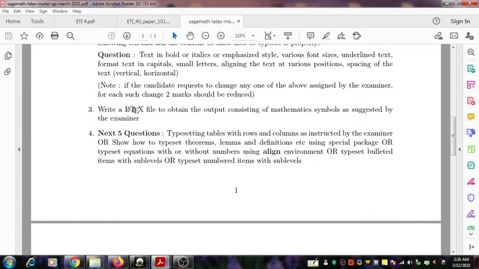The third type of question can be writing a LaTeX file to obtain an output consisting of mathematical symbols as suggested by the examiner. So you can expect a question in which you are asked to typeset mathematical symbols and expressions.